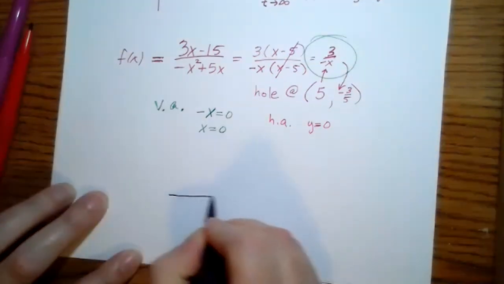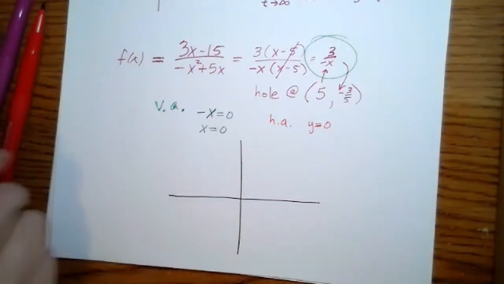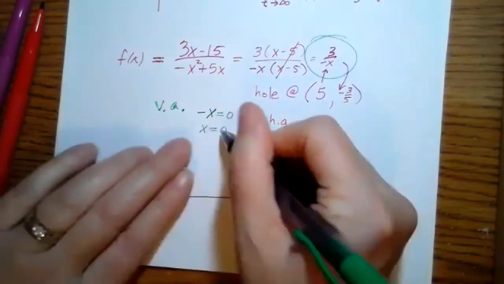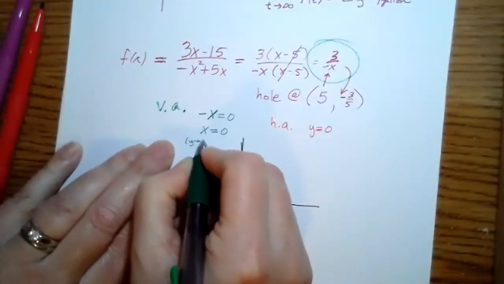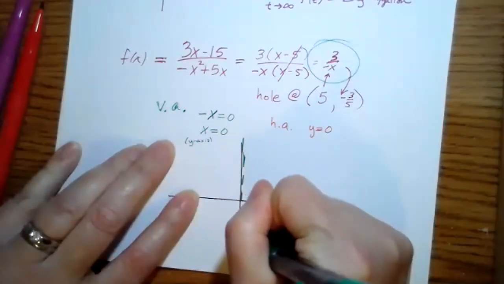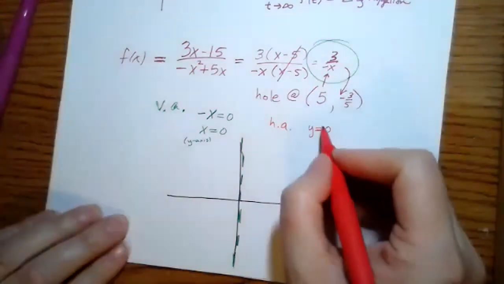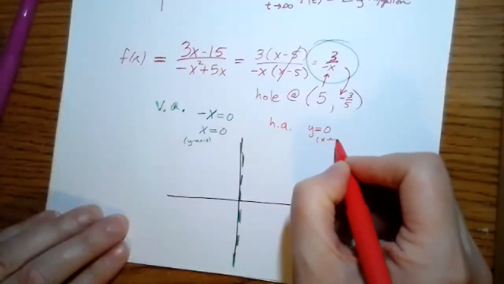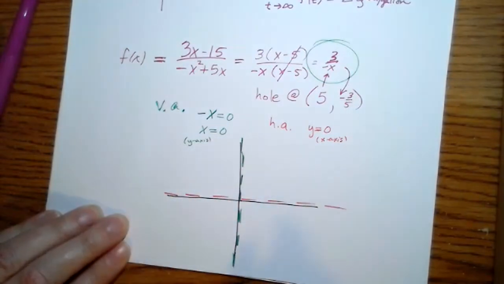Okay, so I'm going to show this on a graph. So here's my x and y axis. The vertical line is where x is 0. When x is 0, that's actually the y axis. Well, that's right here. And the y equals 0 line is actually the x axis. That's here. Horizontal.